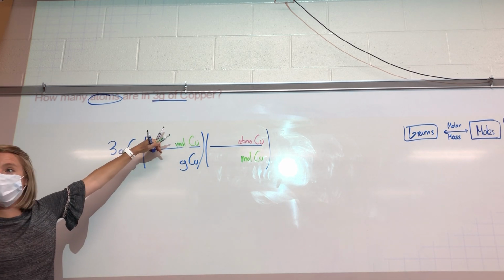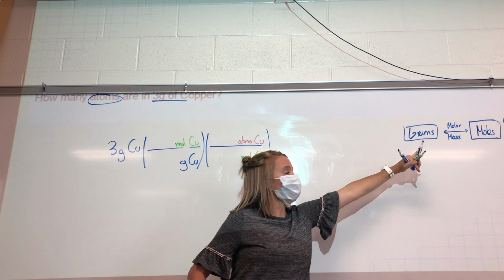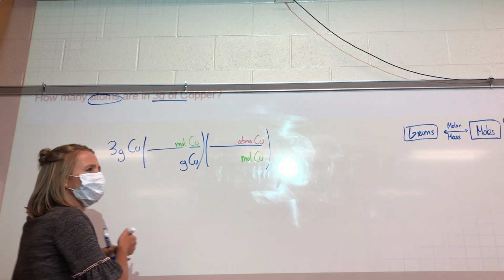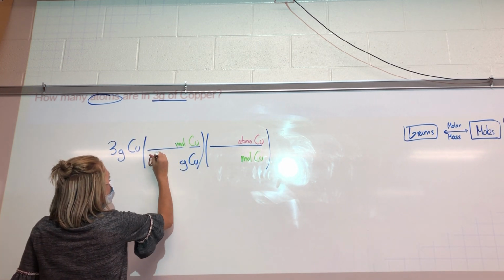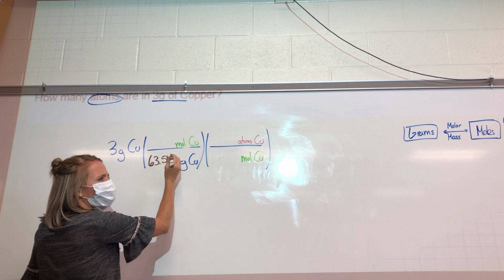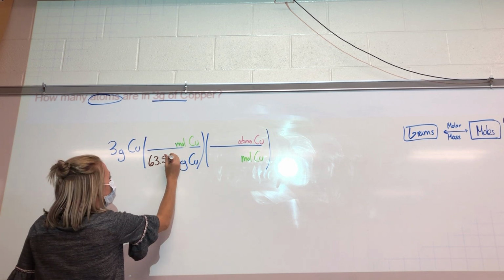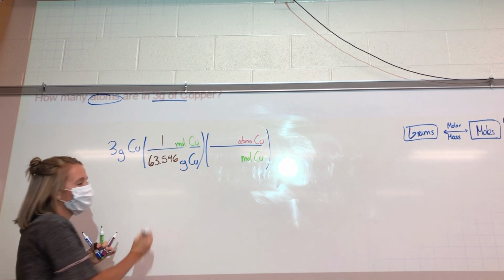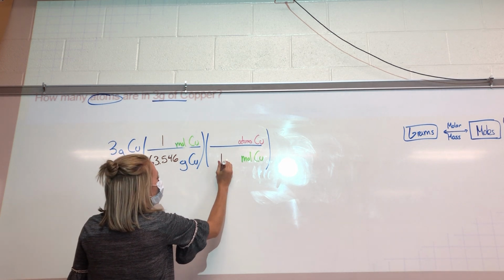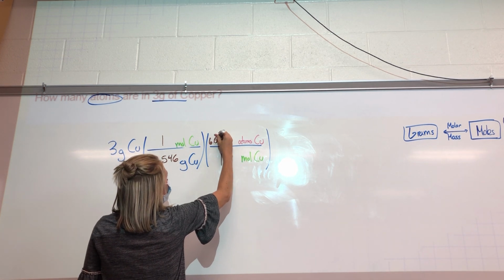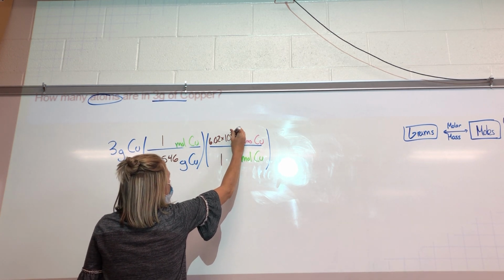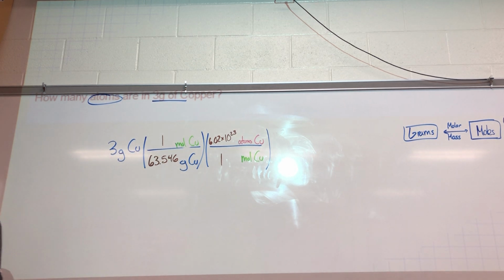Moles and grams are connected through molar mass, which for copper is 63.54, something like that, to 1. And then 1 mole of copper is 6.02 times 10 to the 23rd atoms of copper.